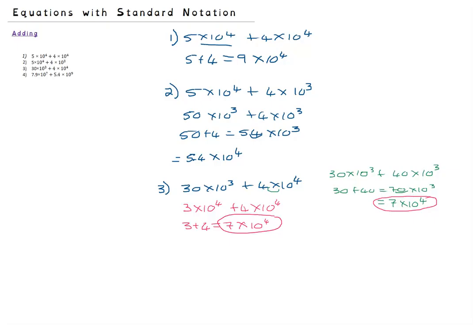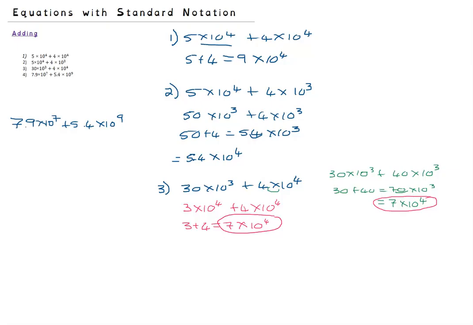Let's look at our last equation, which would be 7.9 times 10 to the power of 7 plus 5.4 times 10 to the power of 9. So first of all, we need to change one of these so they have the same indices.